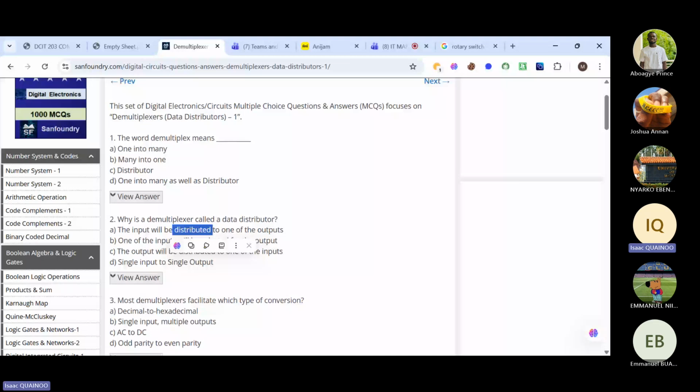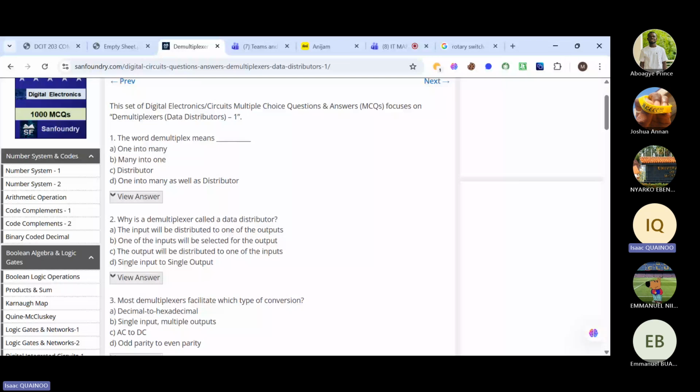But a demultiplexer will distribute one input to the corresponding output channel. So the input will be distributed to one of the output channels. So A is correct. Let's go to question 3.